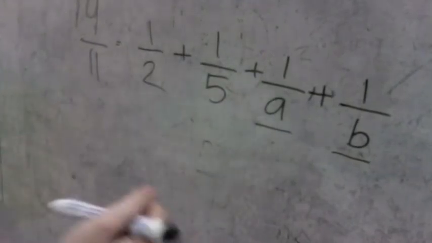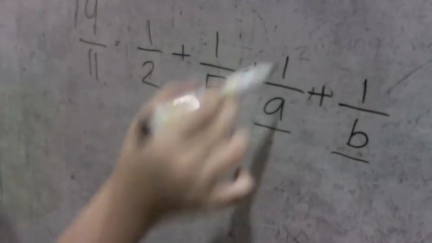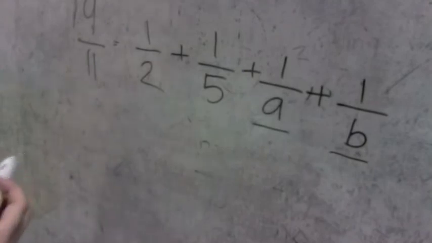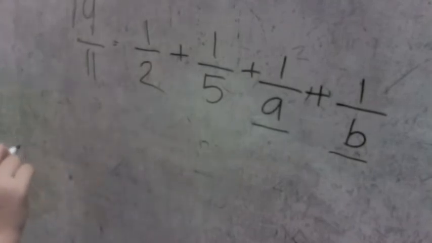This question seems more complicated because we need to find 1 over a and 1 over b. So we're going to work on this question by using the salvage method.